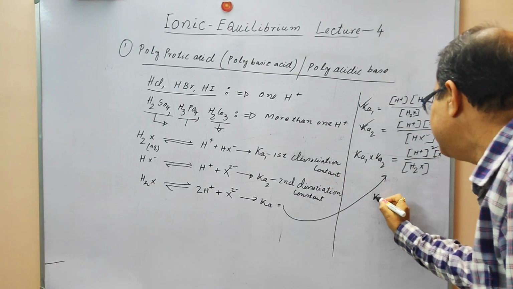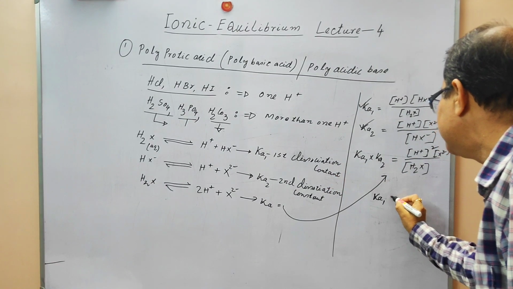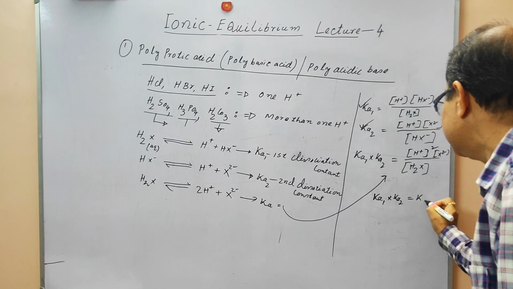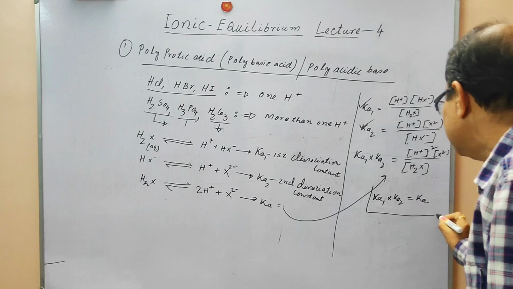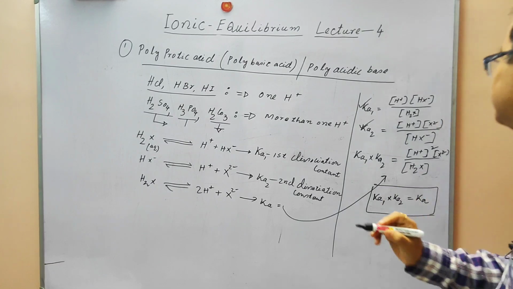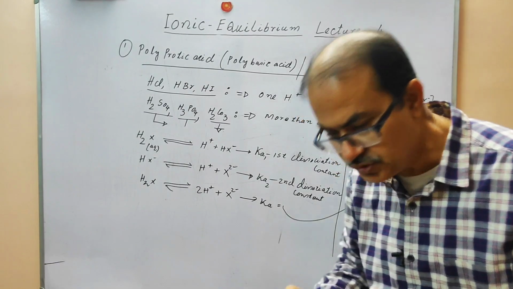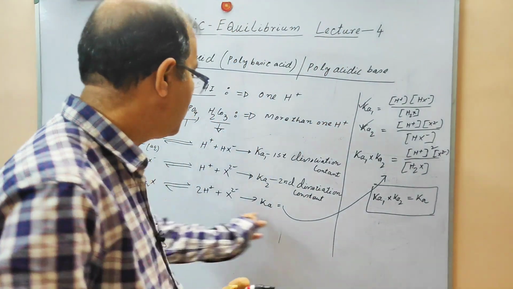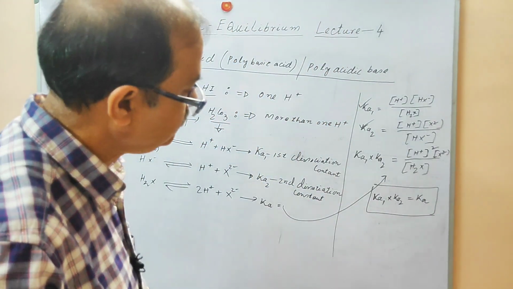So we can write this very important note equation: Ka equals Ka1 into Ka2. If we multiply the two successive dissociation constants, we will get the overall dissociation constant.